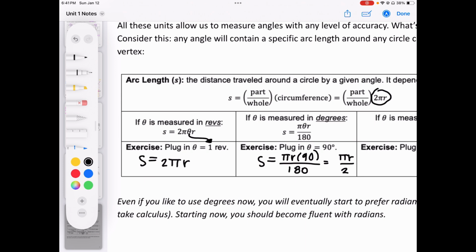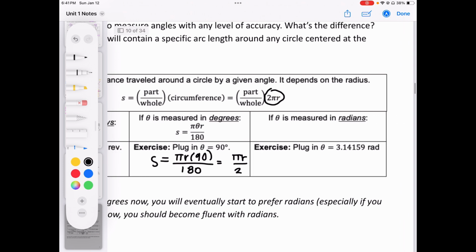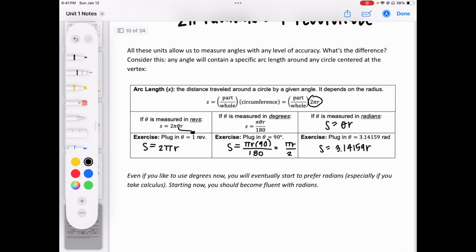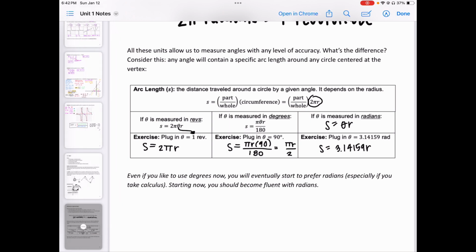And then finally, if we're working with radians, we would have S equals theta r. We're eventually going to use radians more than degrees, so you are going to become more familiar with it as we do it. I would start familiarizing yourself with those radian measures soon.